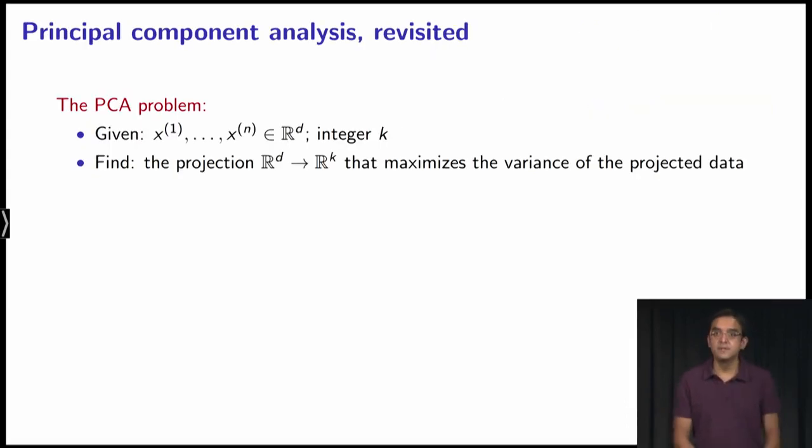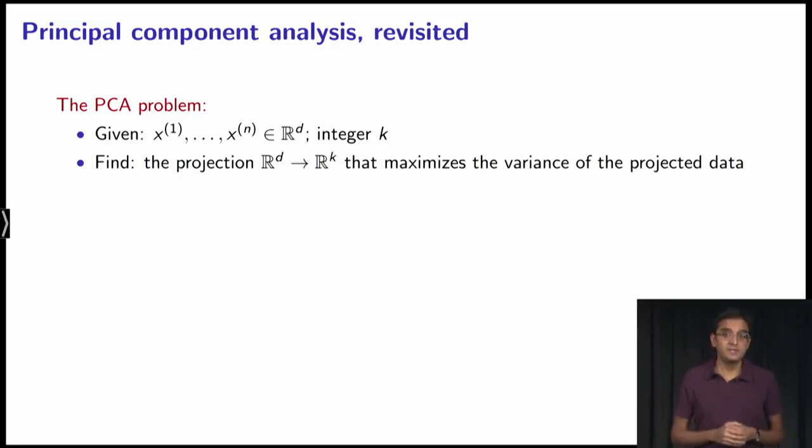Okay, so now let's see how something similar holds for principal component analysis. So in PCA, if you recall, we have a bunch of data points, and what we want to do is to find a projection from the original data space, say R^D, to some lower dimensional space, say R^k, and we want to find the projection that maximizes the variance of the projected data.